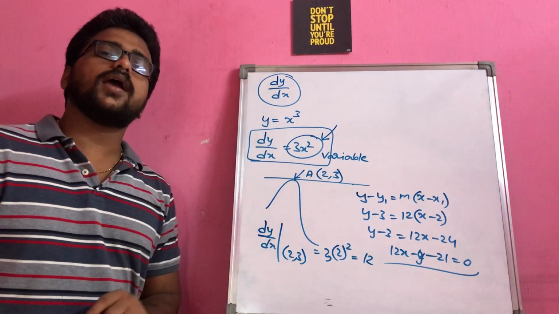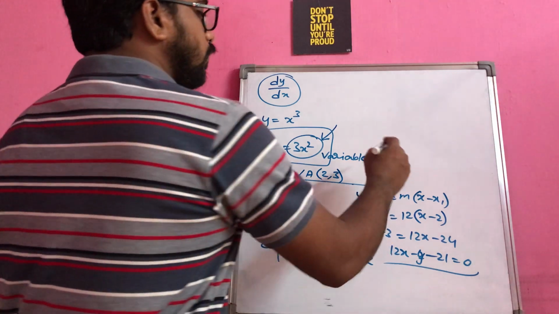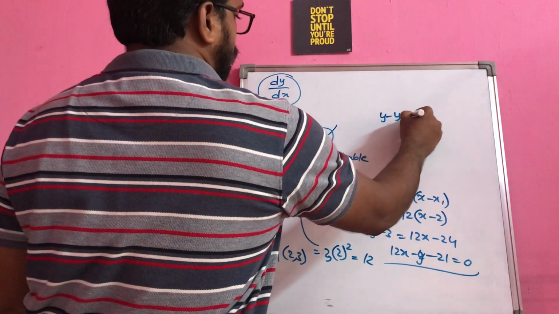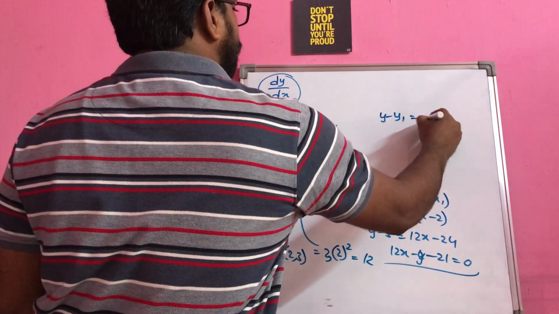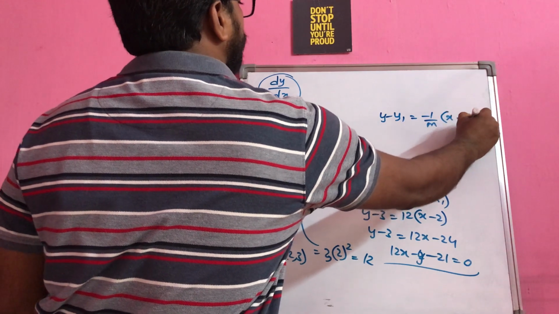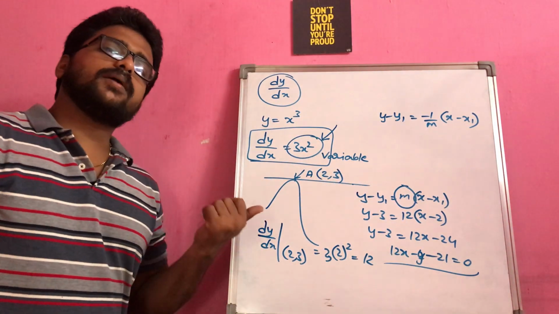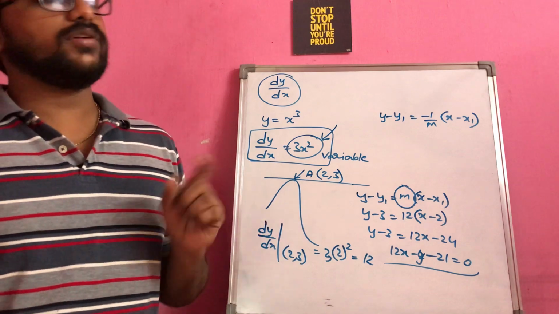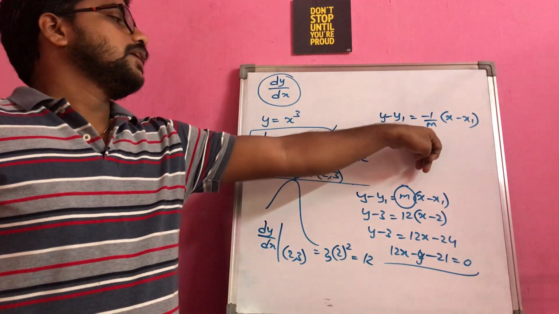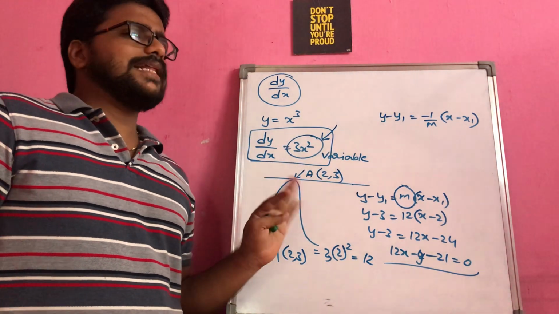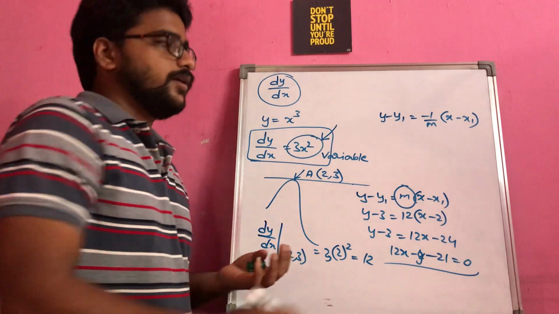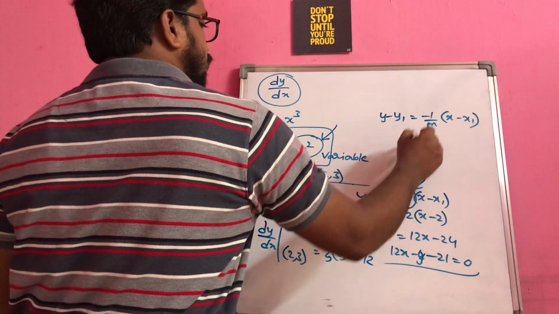Now, if I ask you for the same question, y is equal to x cube, to draw a normal, how will you find it? Instead of using this m here, I will just substitute minus 1 by m into x minus x1. The remaining part of the equation remains the same, for the simple reason that you are finding a normal also at the same particular point. But why is only m changing here?